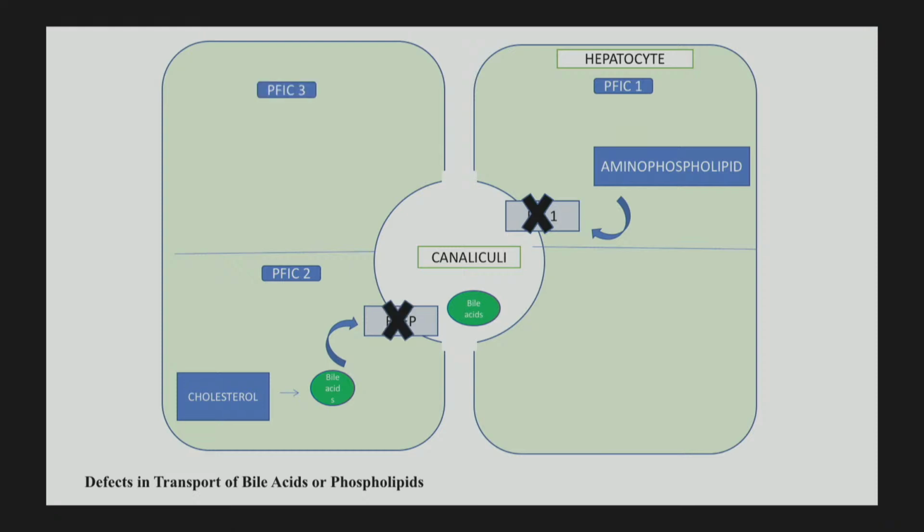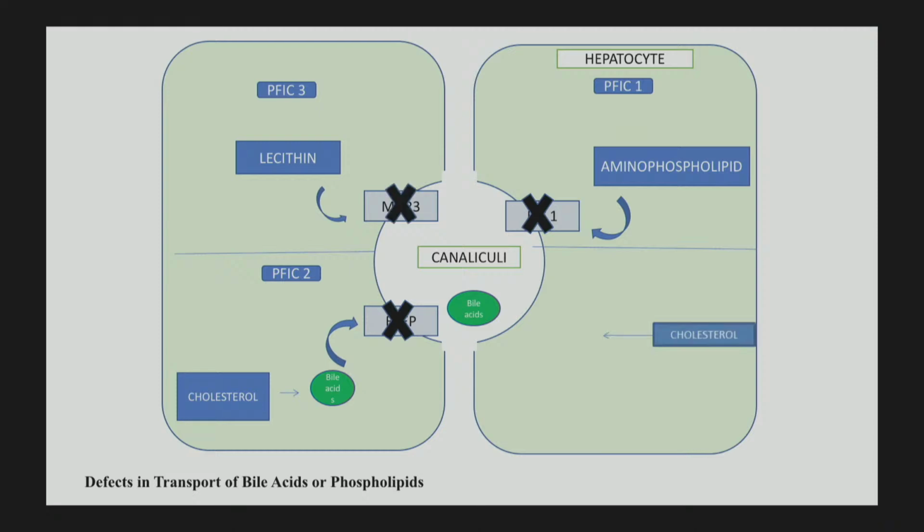Coming to PFIC 3, it is caused by the ABCB4 gene, and lecithin is involved, again a structural integrity protein for the biliary canaliculus, and the deficient pump is the MDR3 pump.